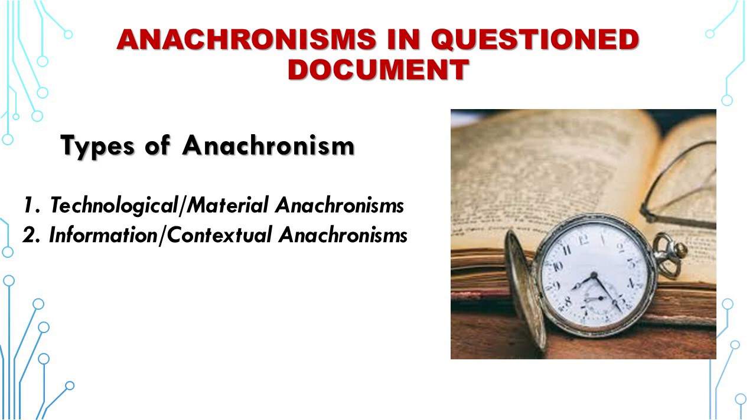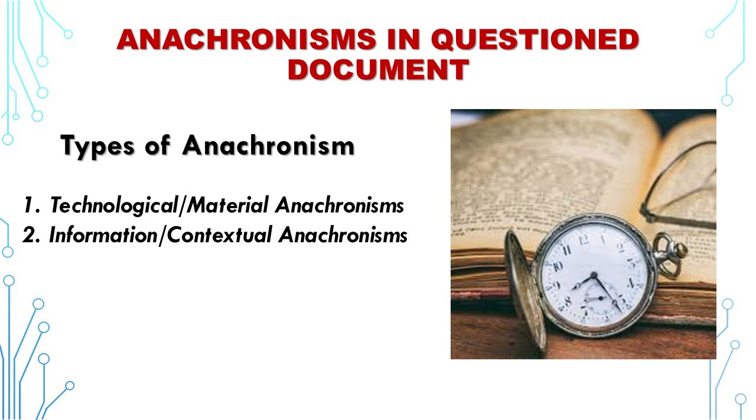Before we go to the methods that we use in detecting anachronisms, let us examine types of anachronism in document examination. The first one we are going to discuss is technological or material anachronisms.